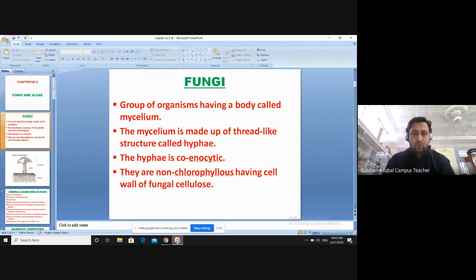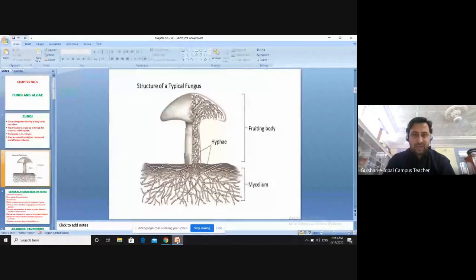Let's see what fungus looks like basically. Here you can see in the diagram a mushroom is given, and we have opened it up to see its hyphae and mycelium. The whole body, the whole fruiting body is known as mycelium. When you cut it up and you see its internal structure through a microscope, you will find these thread-like structures.